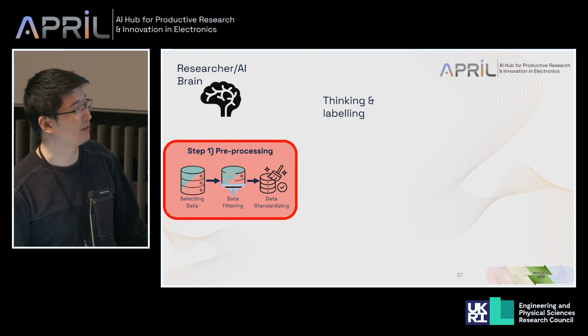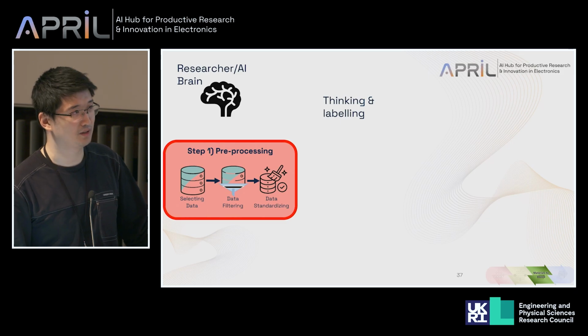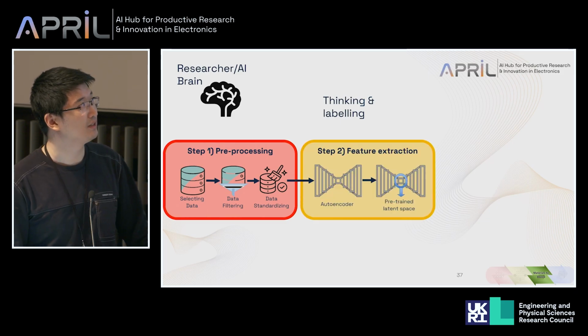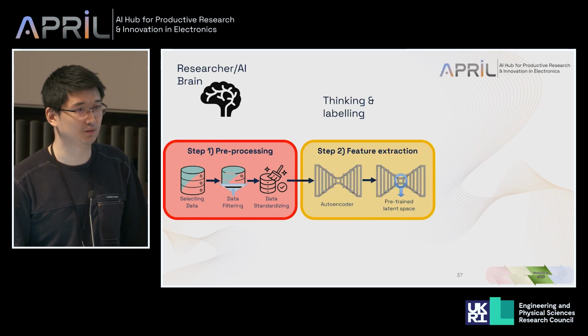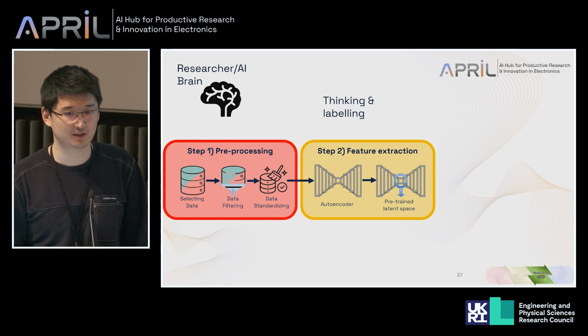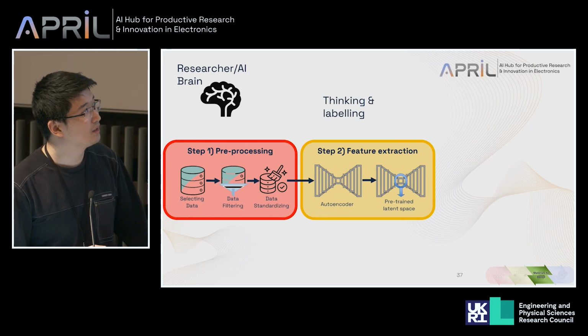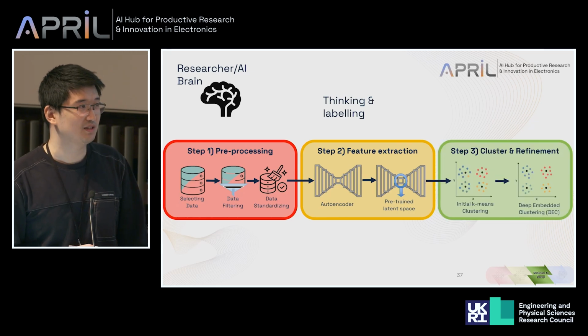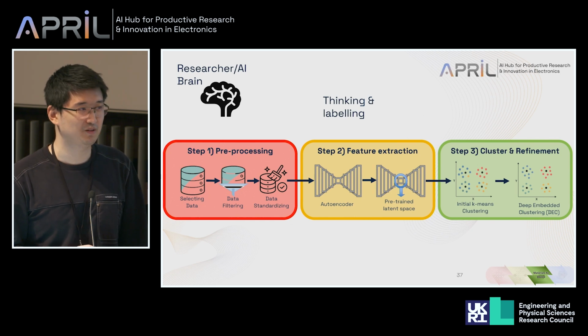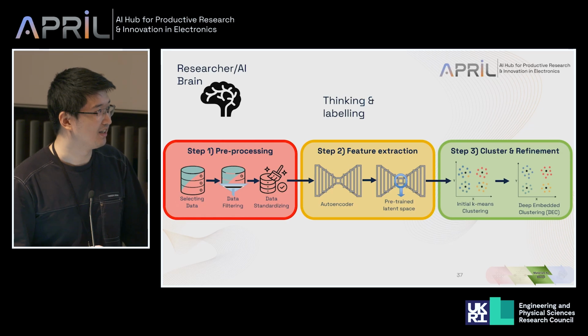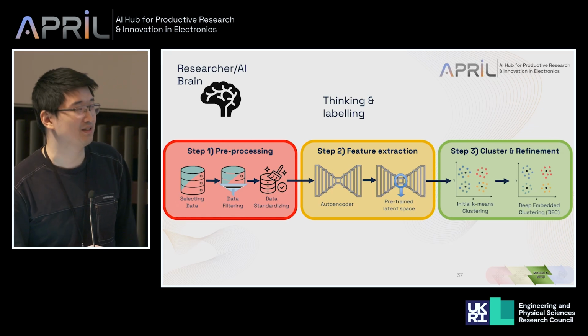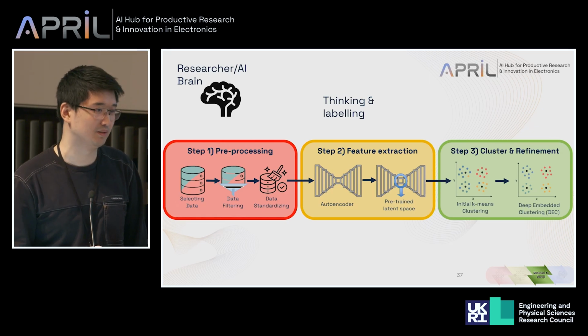I also use the collected data to do some forming behavior discovery. First, I select the data and do some standardization of it. Then I put it into an autoencoder to reduce the dimensionality of the recorded data. Then I put it into clusters, because I don't want to manually label all the data, so I'm using clustering, which is an unsupervised method.